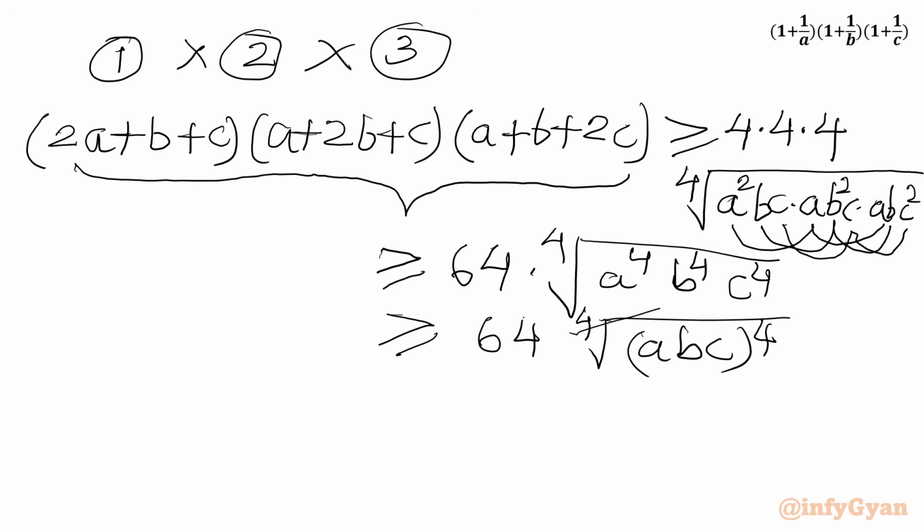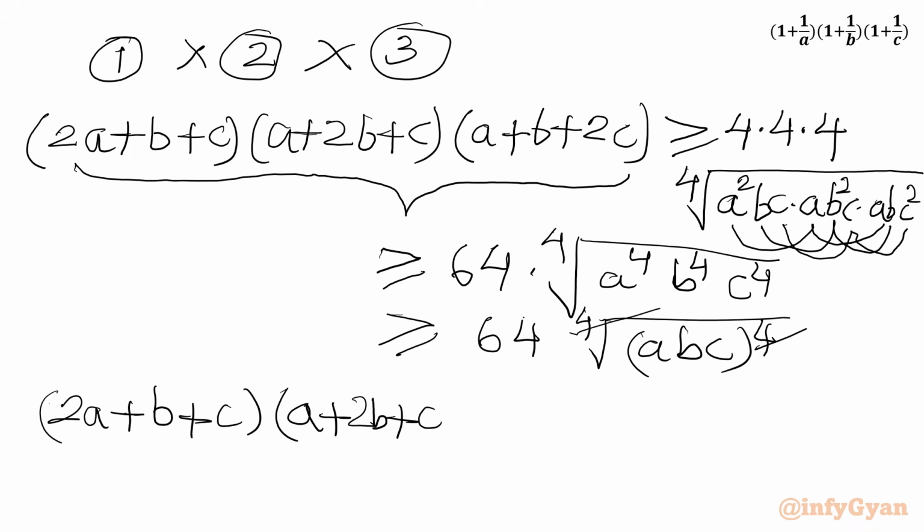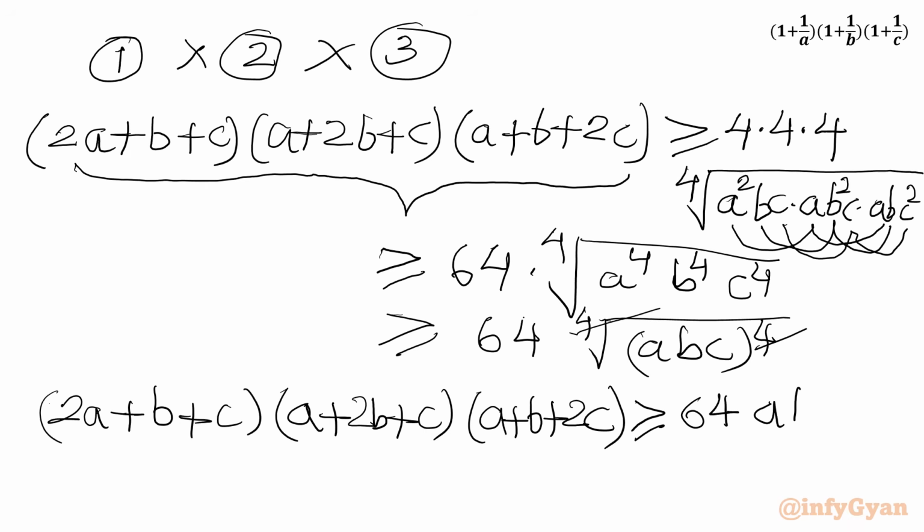Now fourth root and power 4 will cancel. We'll write 2A plus B plus C times A plus 2B plus C times A plus B plus 2C greater than or equal to 64 times ABC.